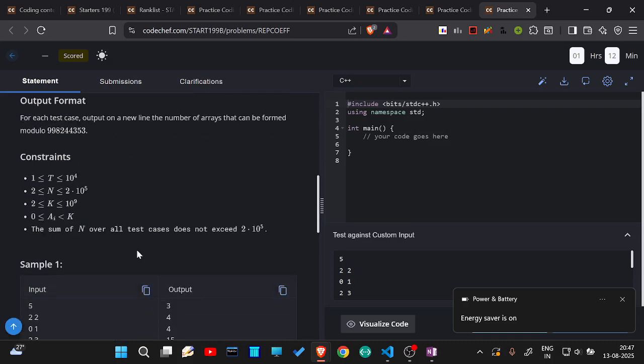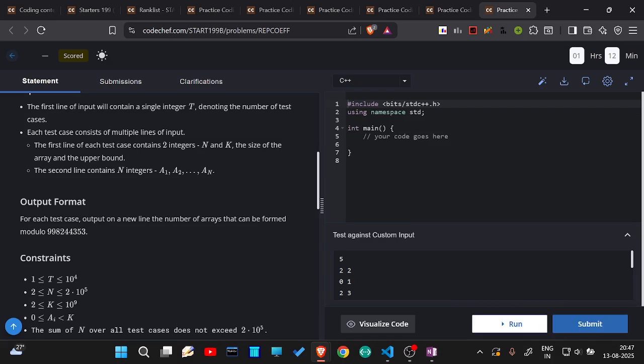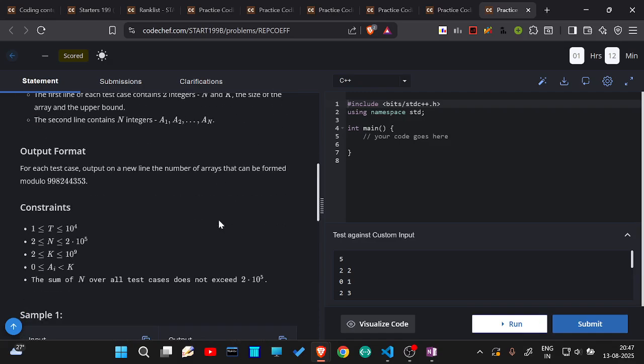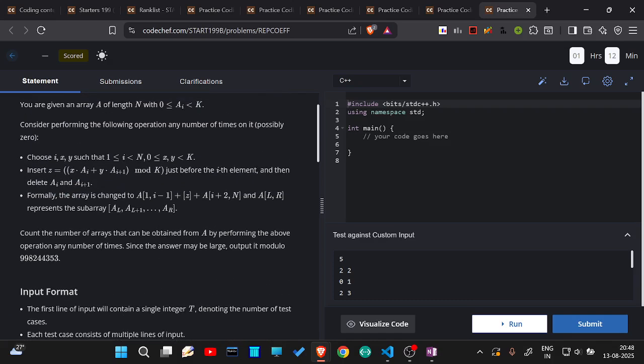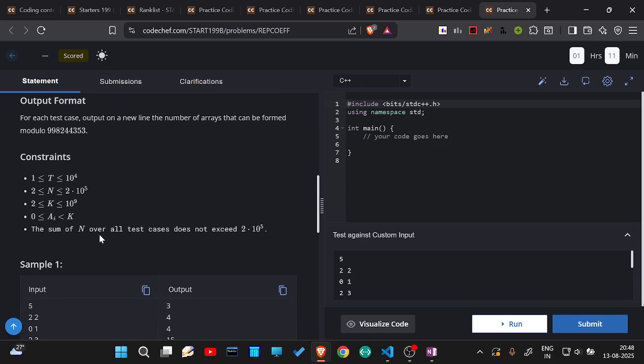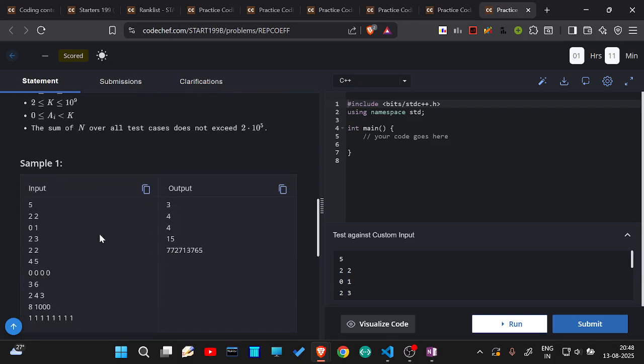A_i plus X and Y, X and Y is extended to K, modulo K. Every element is less than K. So number of distinct arrays that you can get.